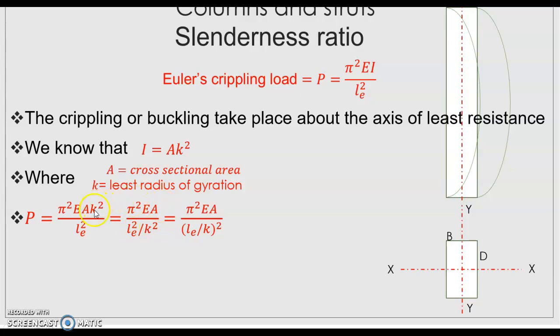We bring the K squared to the denominator. So this is equal to pi squared E A divided by LE by K the whole squared. This LE by K, effective length divided by least radius of gyration, is known as the slenderness ratio.